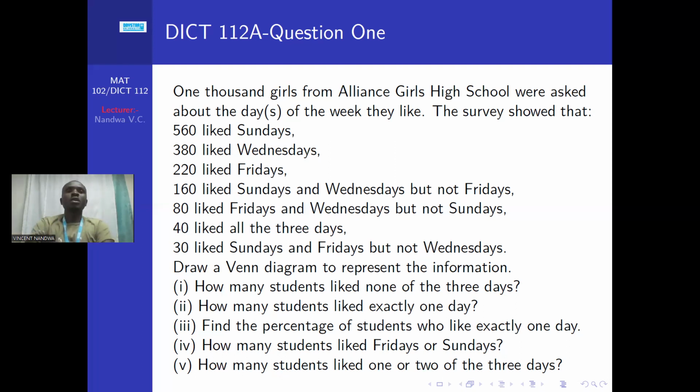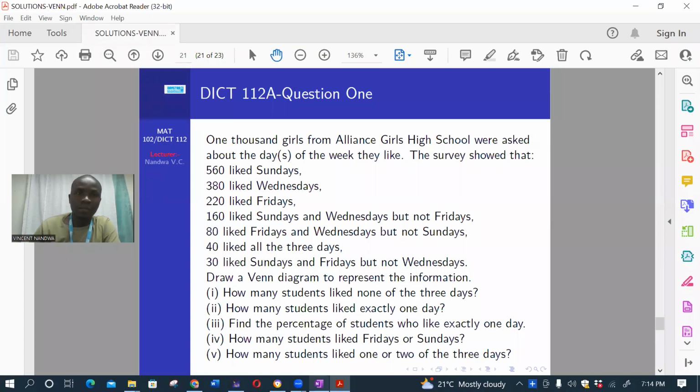And these 3 circles will represent Sundays, Wednesdays, and Fridays. And the total value within the rectangle will add up to 1,000 because that's the number of students who are involved in this survey. So let's check how we solve this.